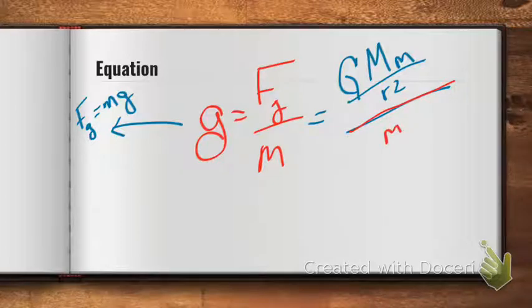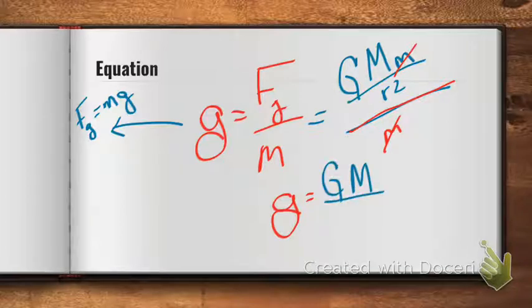And then what happens to these two little masses? They cancel out, and that means that g is equal to the gravitational constant times the big mass, basically the orienting mass, over r squared.